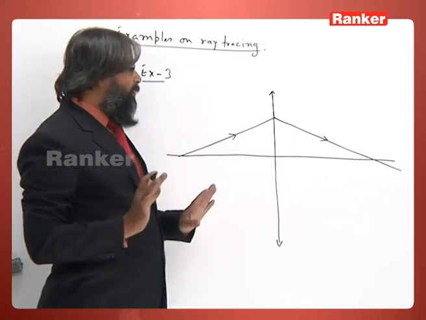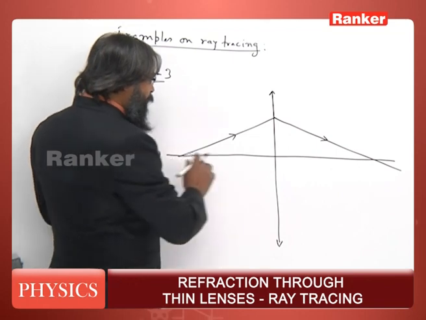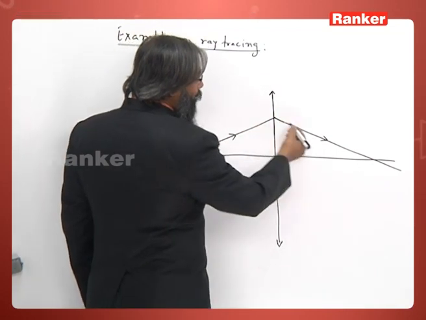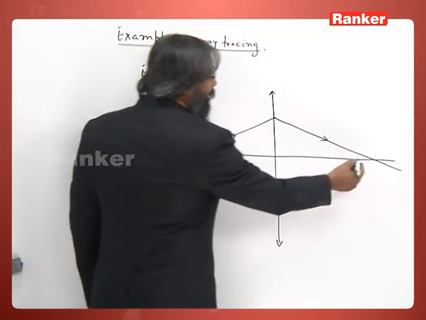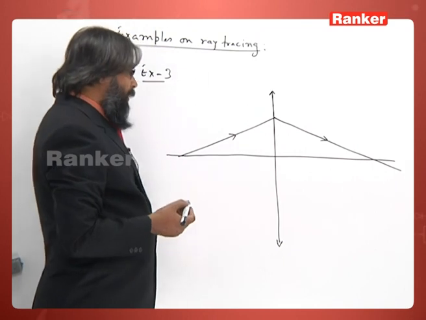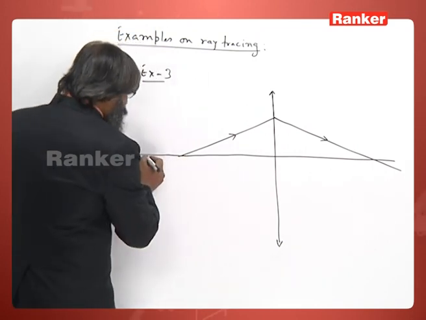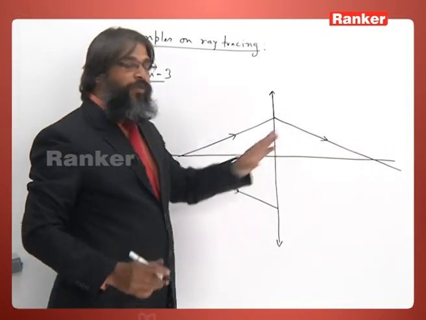Where is the focus? The focal length, the focus is not mentioned. We have been given these two lines, that this ray after refraction from the converging lens goes like this. Now we have to draw, suppose I have another ray this, then how is this ray going to refract.